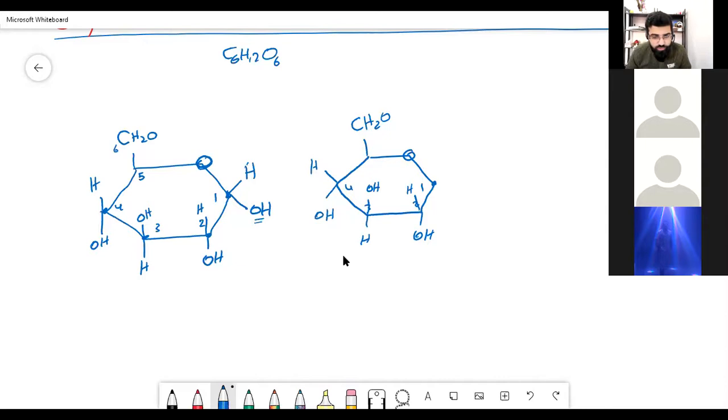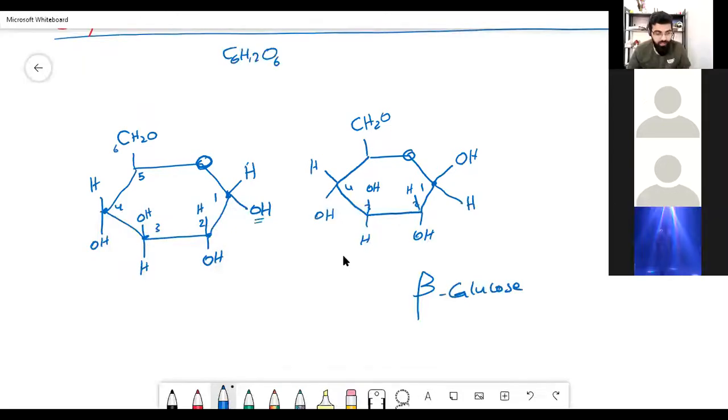What is carbon number 1? Exactly the carbon which comes after the oxygen, clockwise. The difference is the position of OH and H. The OH up, the hydrogen downward. If the OH is on the upper side, toward the up, this is called beta glucose.